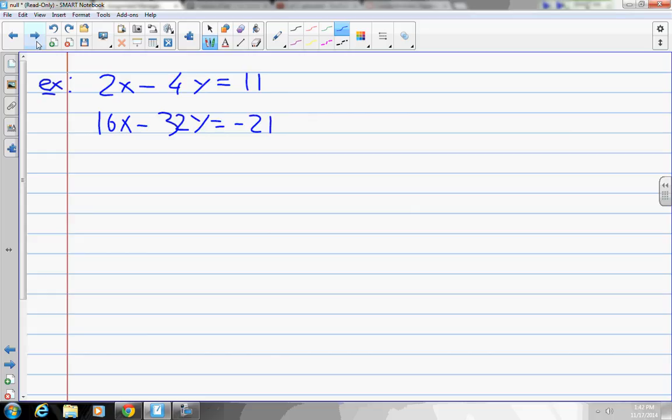Multiply the top by 8? 8 or negative 8? Negative 8, because we want the signs to change, right? So then we'll get negative 16x plus 32y equals negative 88. That looks very familiar. And then the next equation stays the same, right?